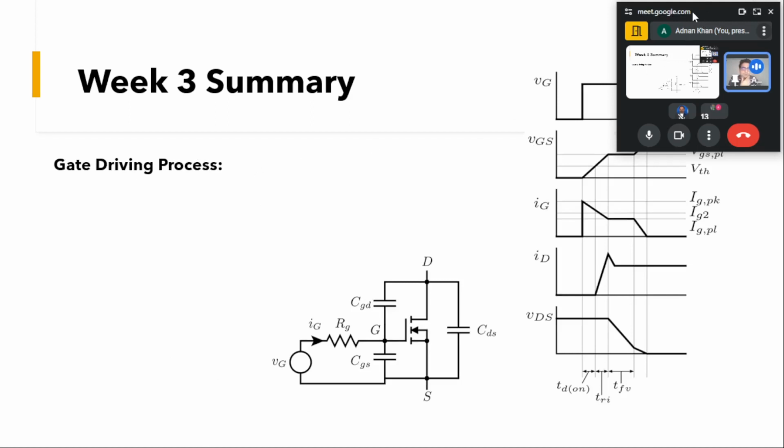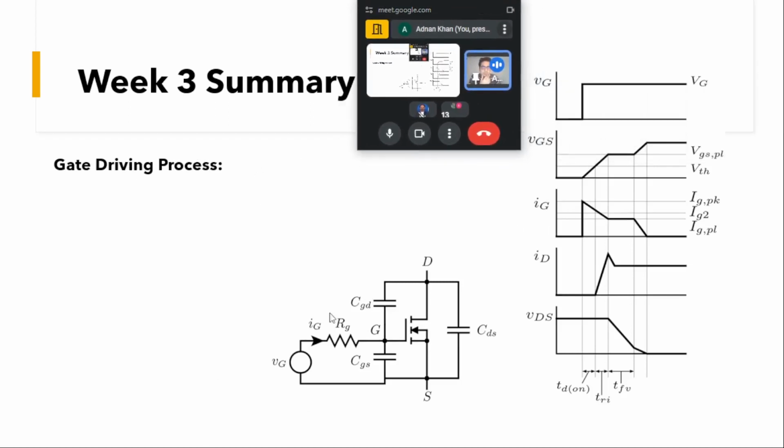So now we shall see how this gate is turned on. If we want our switch to turn on, what is the process of the gate driving? If you can see here, let us consider that before the turn on of this device there is 0 voltage across this device, it has been turned off, so VGS is 0.